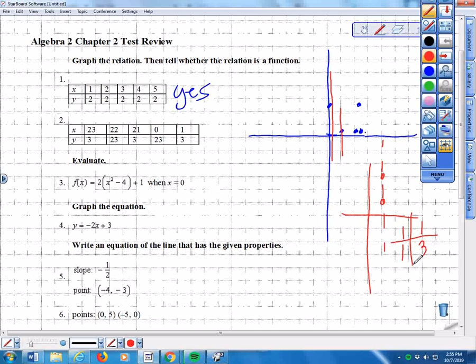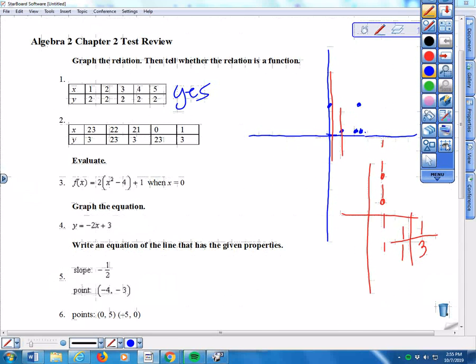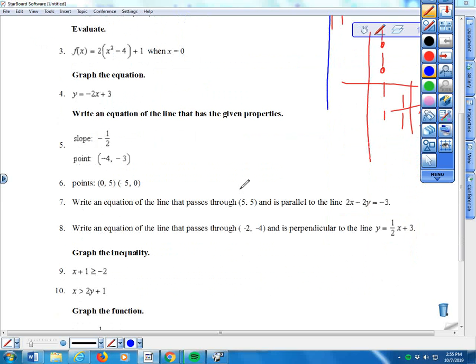Questions on those two? Okay, evaluate f of x equals 2 times x squared minus 4 plus 1 when x equals 0. What's the process here? You plug in 0. So I can write this as f of 0, which just means y when x is 0.